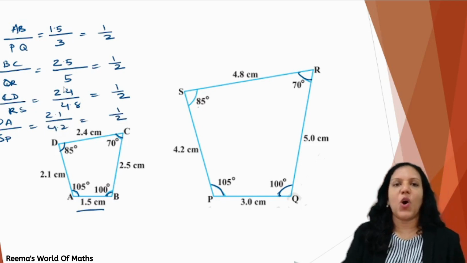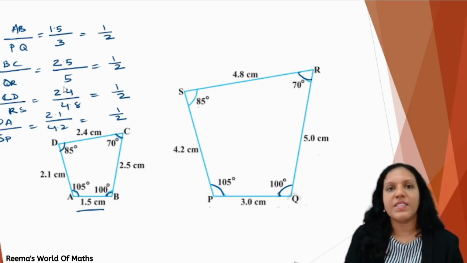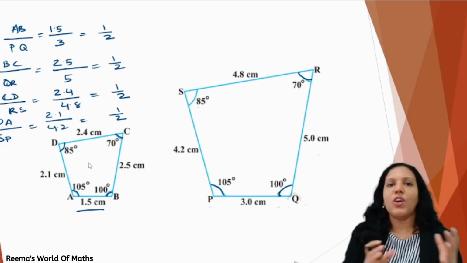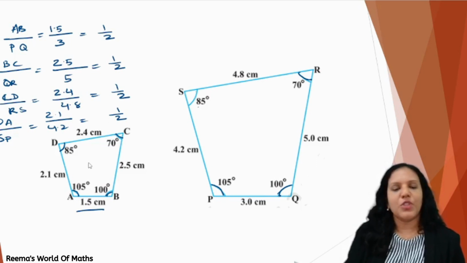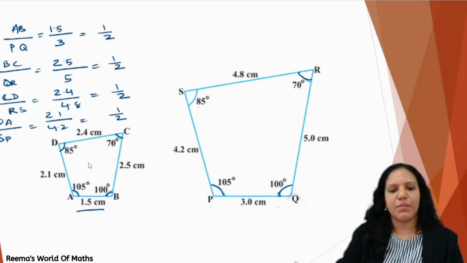So now we can see all the sides are in the same ratio. Hence these two quadrilaterals are similar, because all the corresponding angles are equal and all the corresponding sides are in proportion. So we can say these two quadrilaterals are similar.